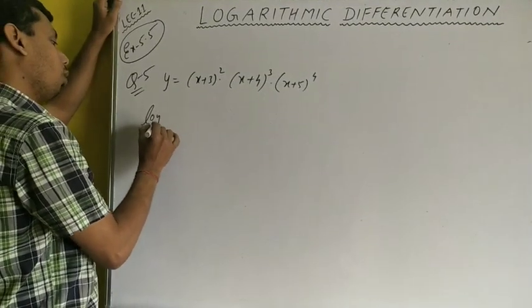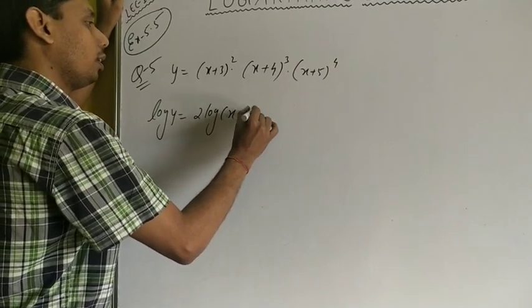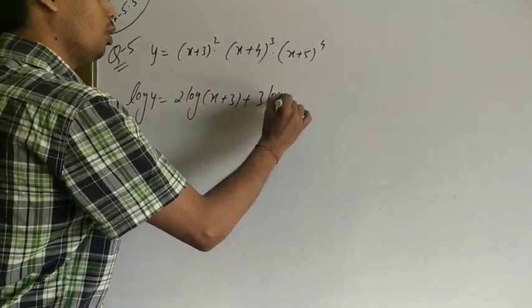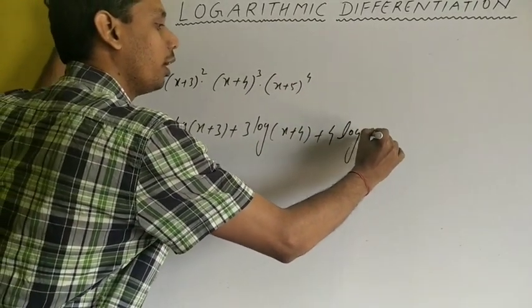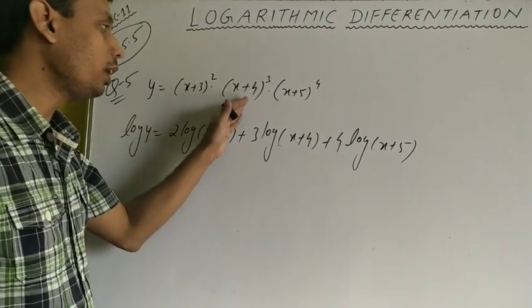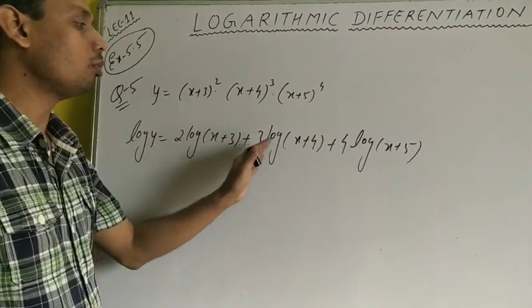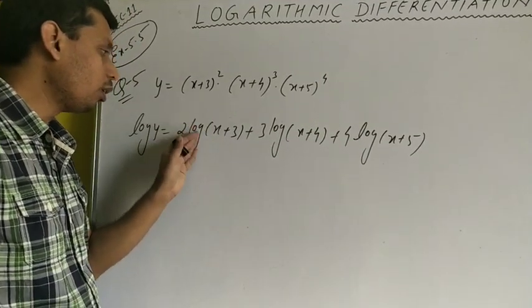If we take log, log y is equal to 2 log x plus 3 plus 3 log x plus 4 plus 4 log x plus 5. Log m into n into p is log m plus log n plus log p, and log m to the power n is n log m.